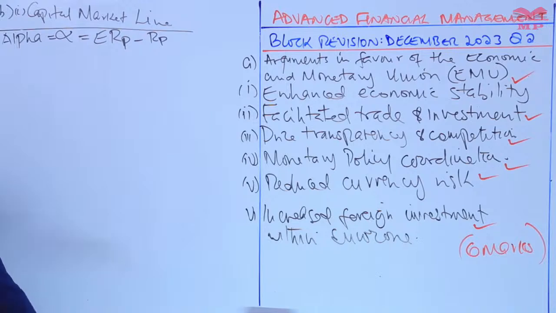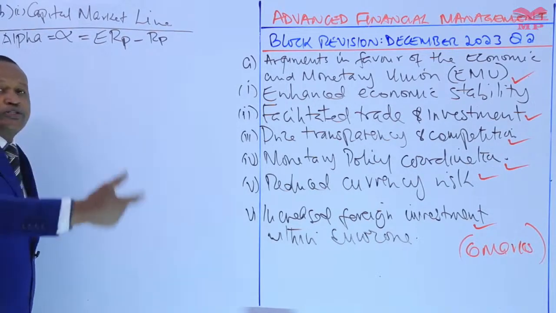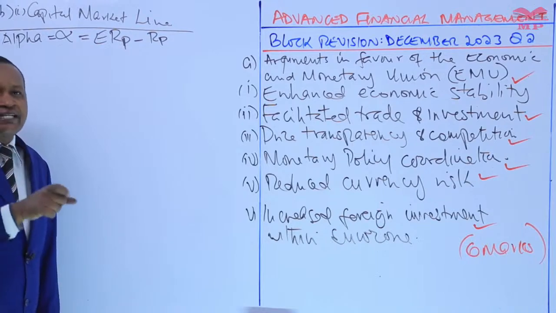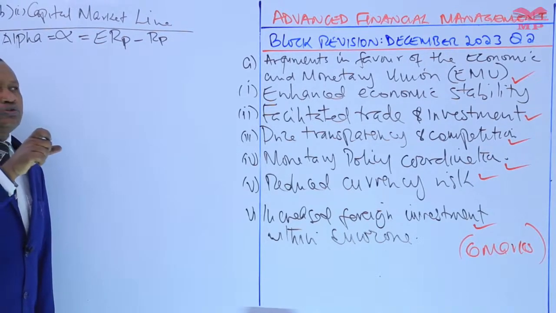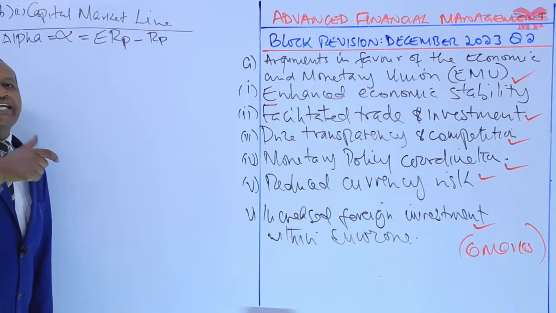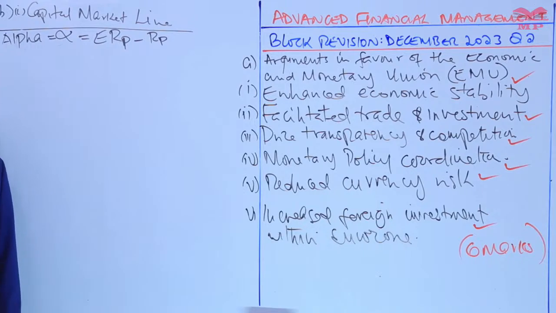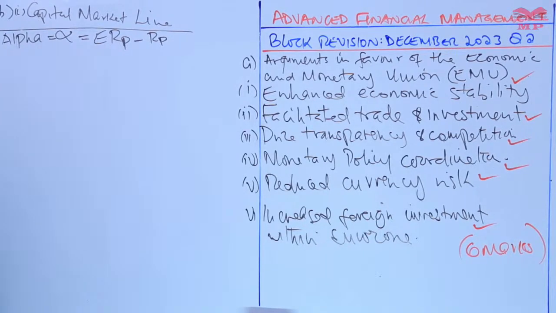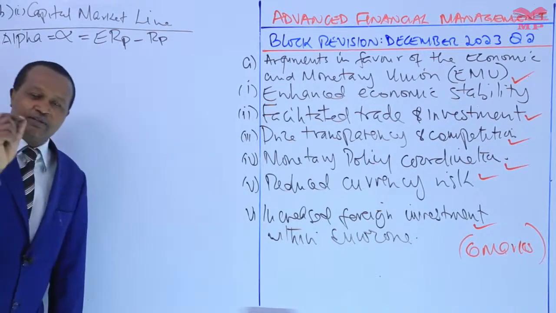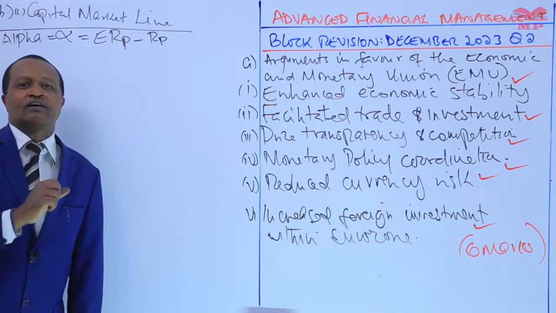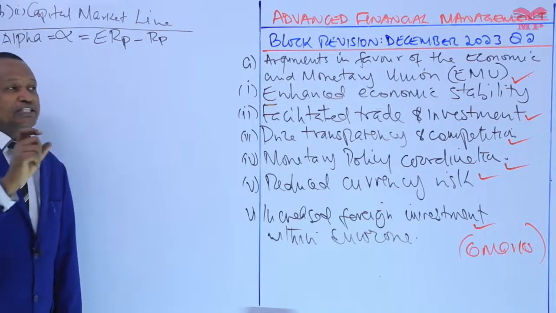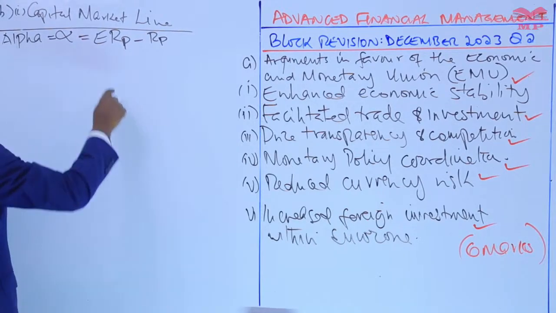So alpha, in other words, candidates, indicates the portfolio ability to outperform the market or to underperform the market, which is on a risk-adjusted basis. So that's very important. That is the formula, candidates.